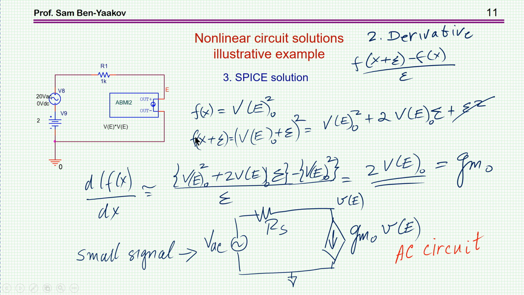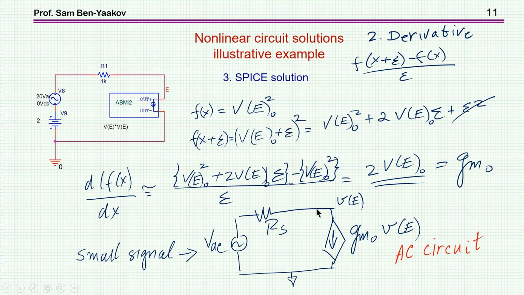That is what SPICE will do. It will first calculate, of course, the operating point and get the current, and then it'll add some epsilon to E and calculate the current again, take the difference between the extended value with the epsilon and the original value and divide it by this epsilon, and this will be the number that is going to be put here as a linear dependent source.